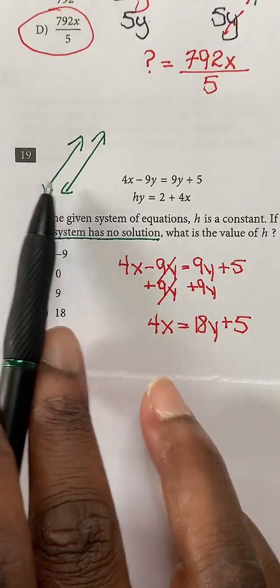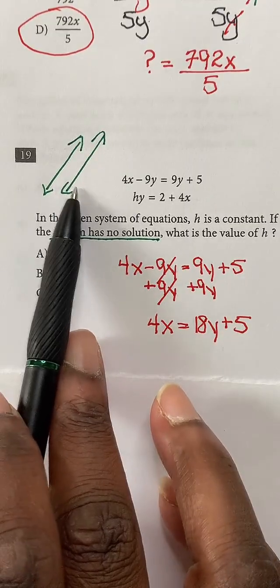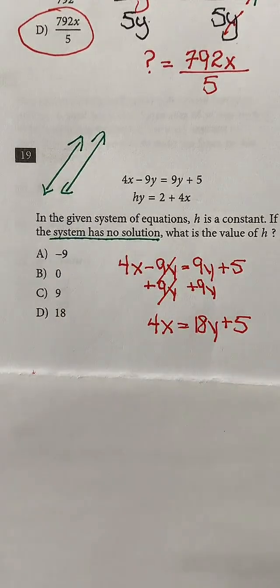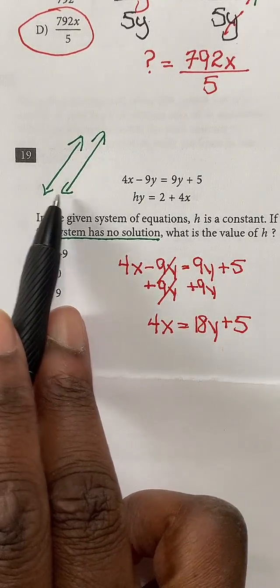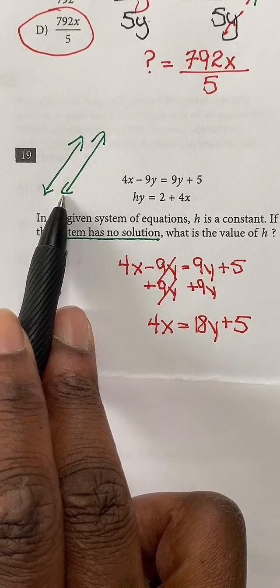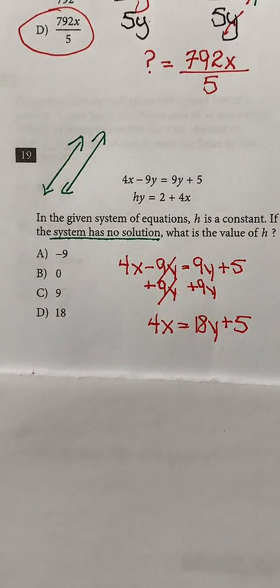So when the 2 lines have no solution, meaning they're not crossing, that means we have parallel lines. What do we know about parallel lines? They have the same slope.